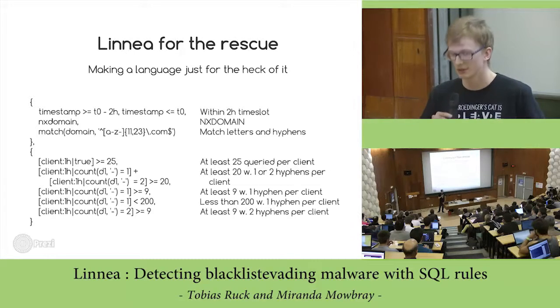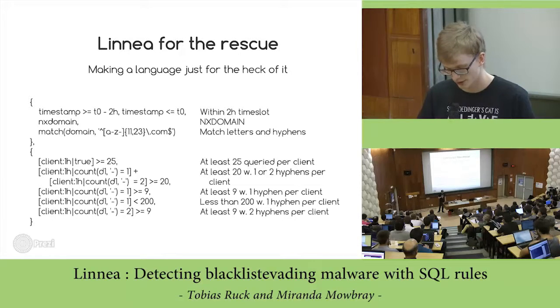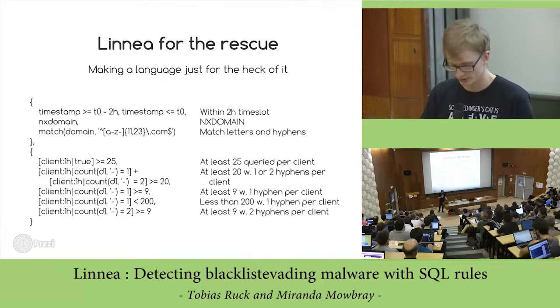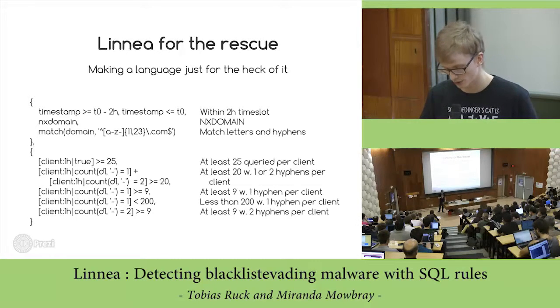In the next block, where the interesting part is, the syntax is very Linnea specific with the brackets. I'll explain that later. We check if there's at least 25 queries per client within 1 hour forward and preceding.